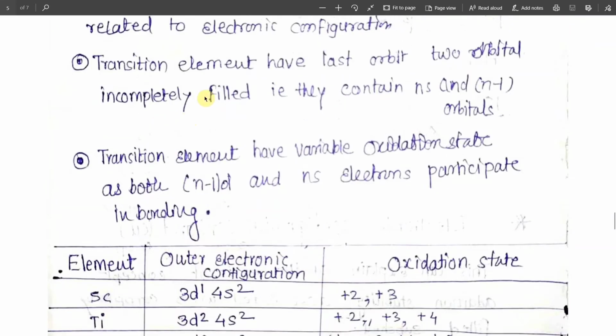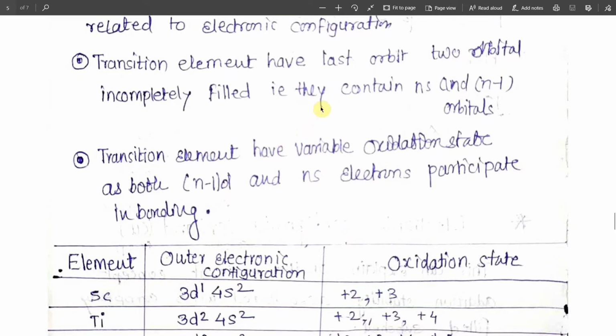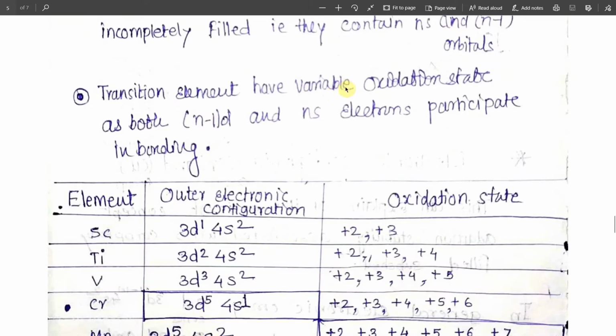Oxidation state. What is oxidation state? The oxidation state of a transition metal is related to its electronic configuration. Transition elements have the last two orbits incompletely filled, that is they contain ns and n-1 d orbitals.